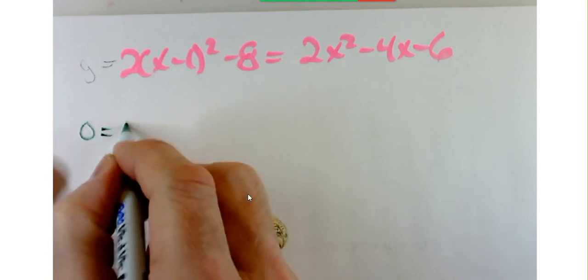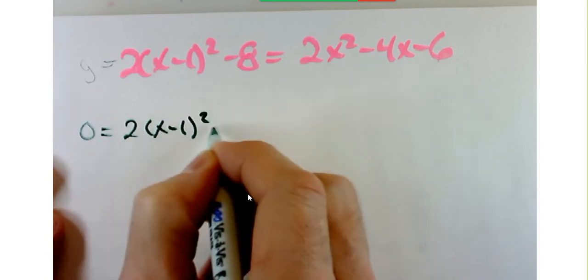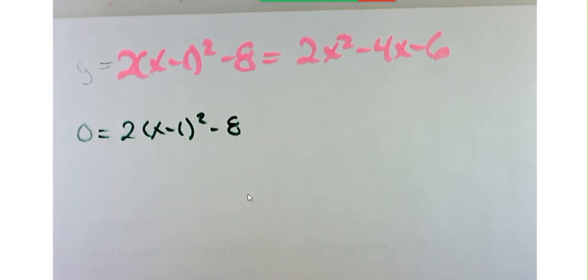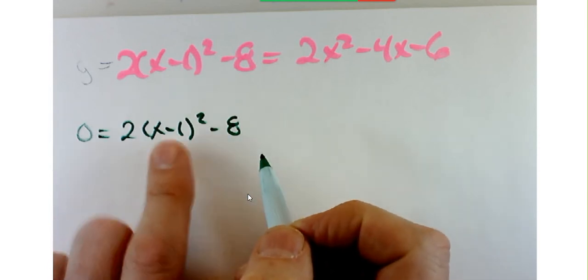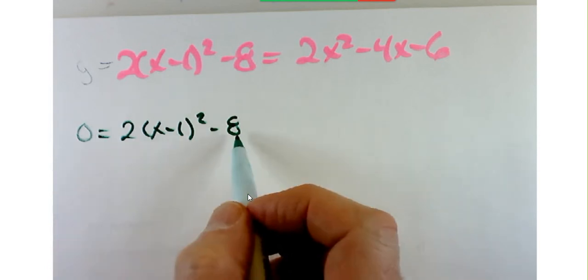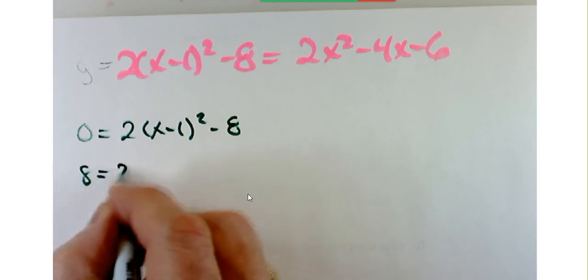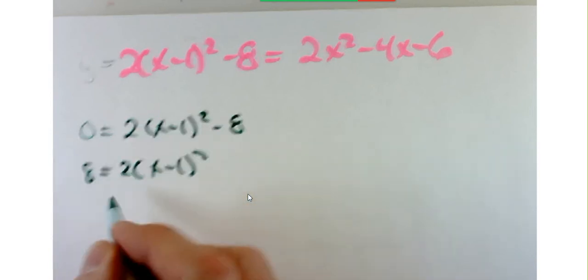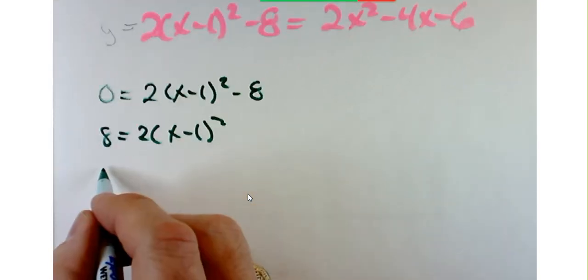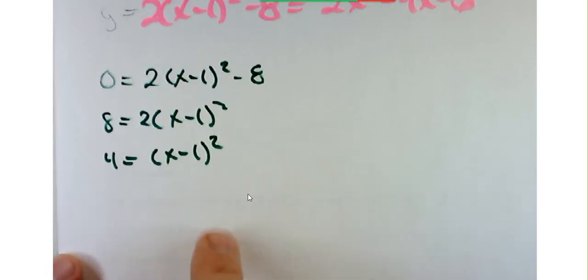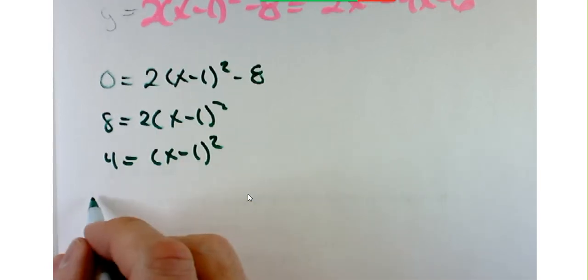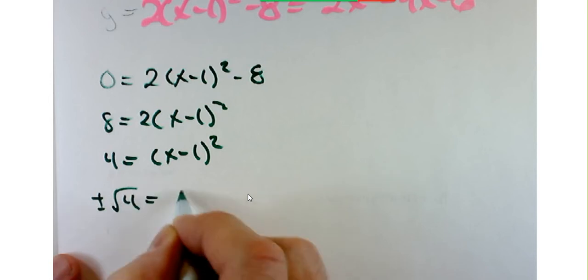So if I do that here, 2 times (x minus 1) squared minus 8, then because this is a squared term already, I move the 8 to the other side, divide both sides by 2, and then take the square root. So plus or minus the square root of 4 equals x minus 1.